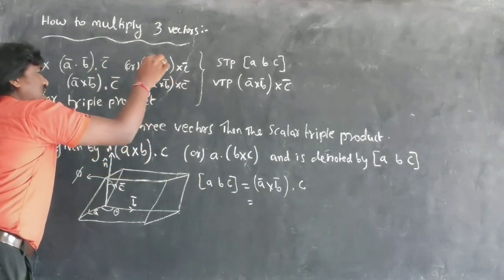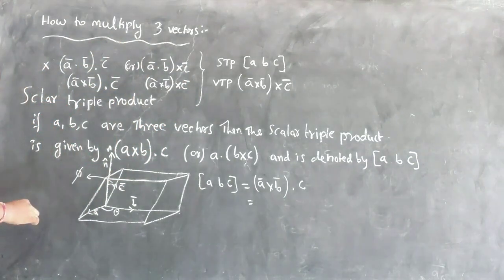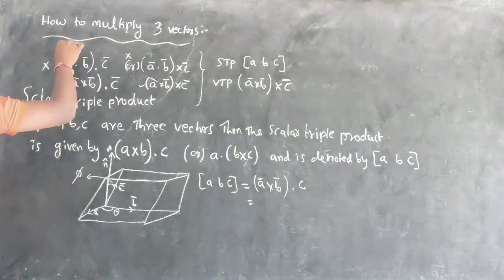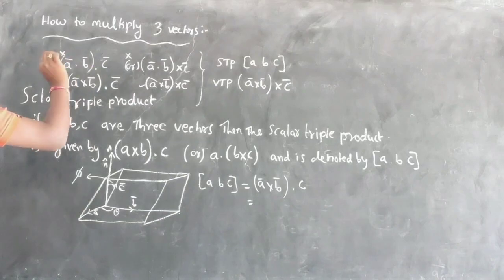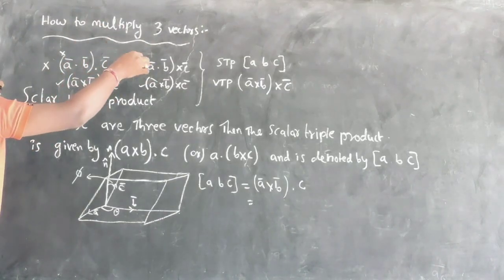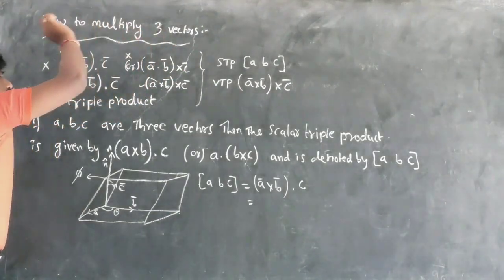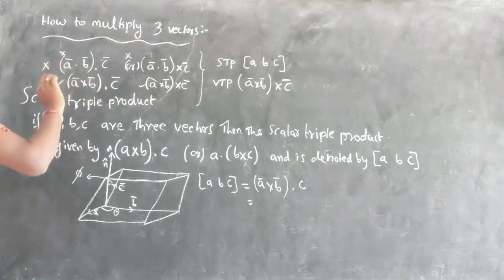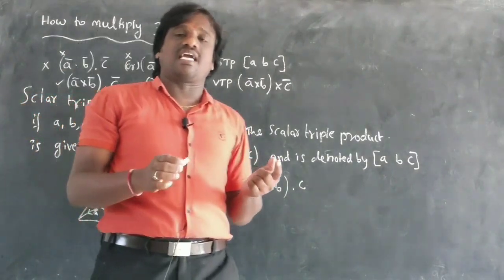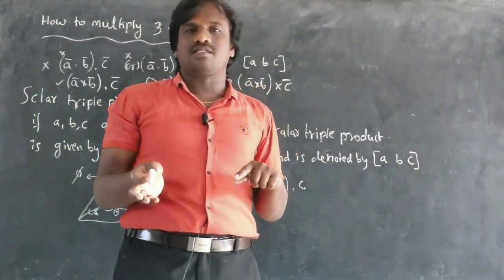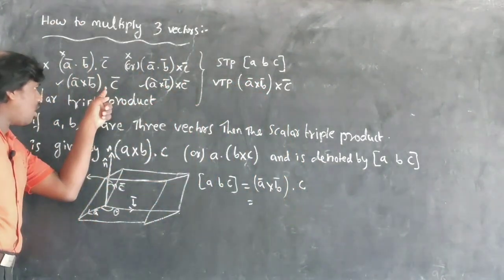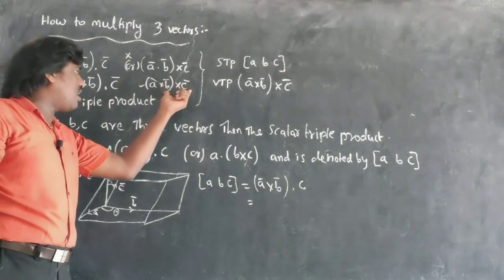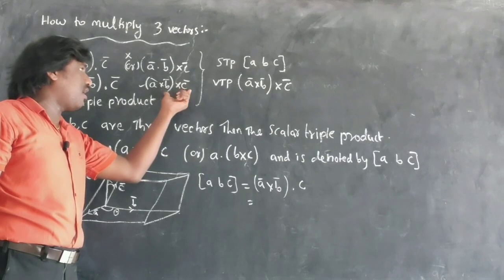But A dot B cannot be dotted or crossed with another vector. So what is possible? A cross B with another vector, I can use dot or cross. When I do dot, I get a scalar. When I do cross, I get a vector.